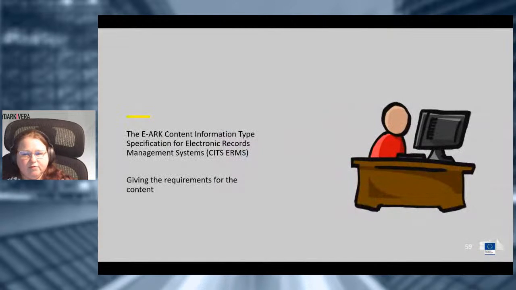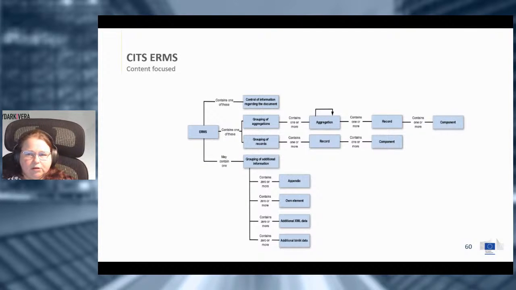Then we also have the Content Information Type Specification for Electronic Records Management Systems, CITS ERMS. Here we give the requirements for the content. Knowing records management is really complex.